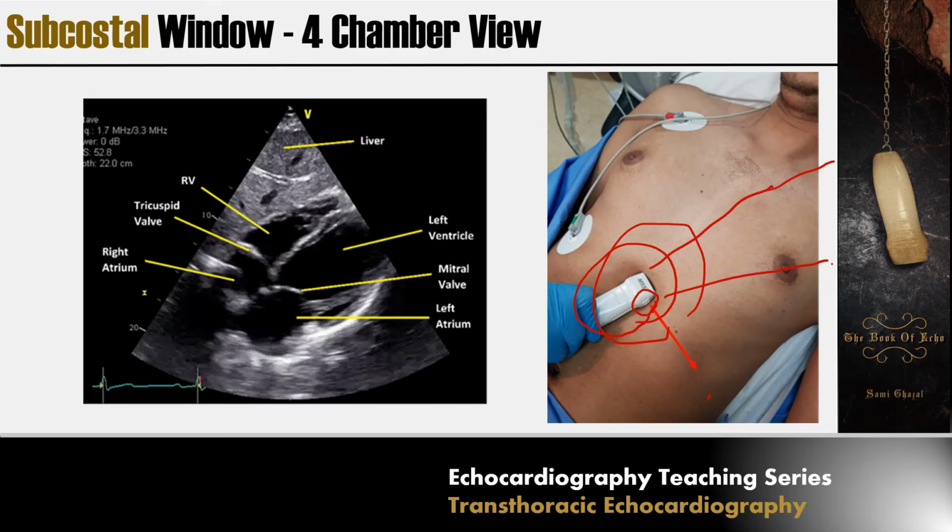Now, going to the view itself, most of the time you will see part of the liver, then the RV, the septum, and the LV, left atrium, right atrium, with the corresponding valves. So this is the four-chamber view from the subcostal window.